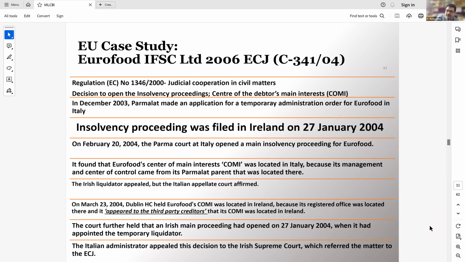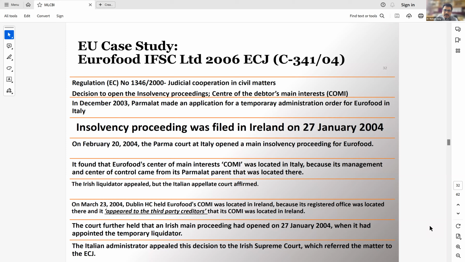So when this South American business was unsuccessful, Eurofood came under stress because it wasn't getting revenue and it had to service all of those loans. So Eurofood came into distress when this South American business, into which its funds had been utilized, came under stress.